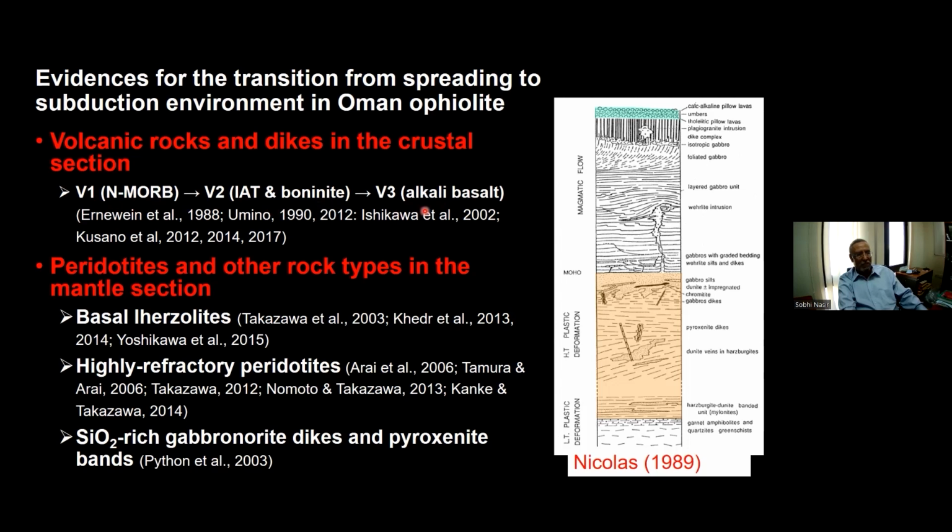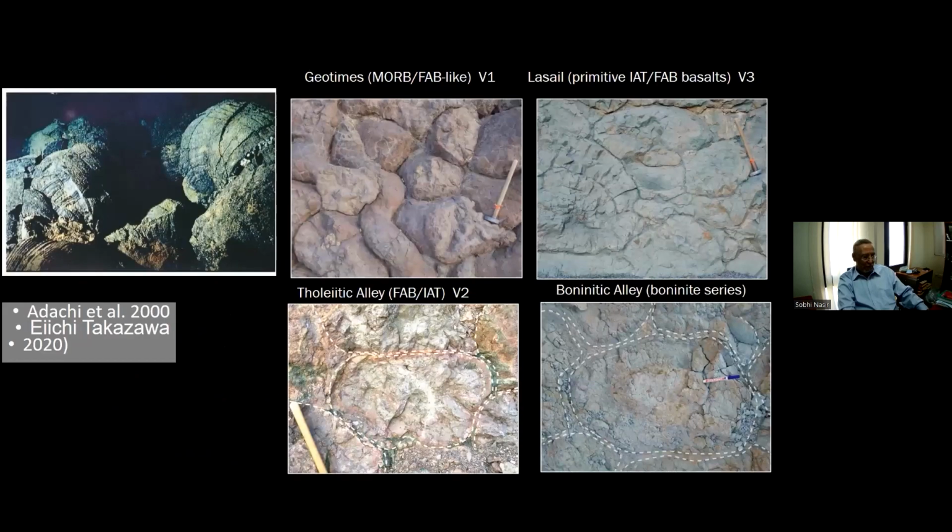So these 3 volcanics indicate that we have transitioned from a MOR environment to a subduction environment. Besides that, we have many peridotites with basaltic to harzburgitic composition, highly refractory type, and silica-rich gabbronorite dikes and pyroxenites are very common, which also indicate some transition from MOR to subduction environment.